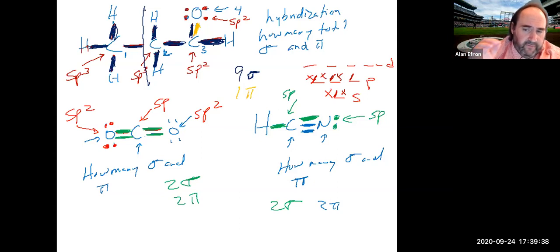These equivalent hybrid orbitals have the same shape and the same energy. That allows for better overlap and better bonding, and also accounts for the geometries and bond angles that we see in some of these molecules.